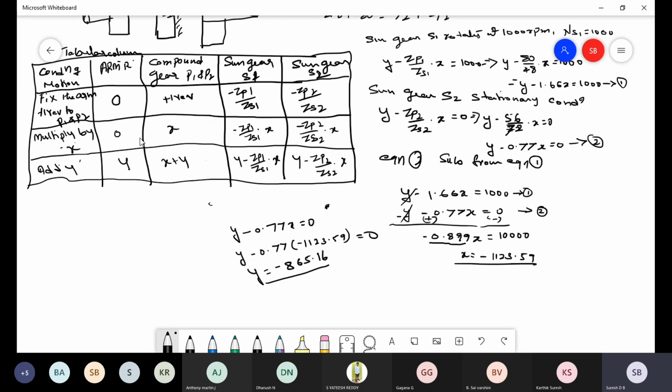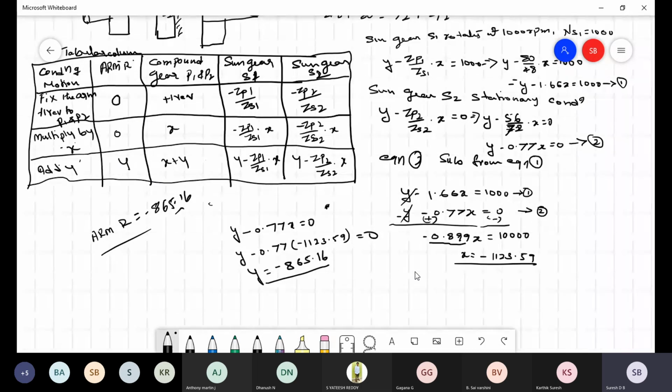It means the speed of R_M is minus 865.16, because by using the y formula only you can find the R_M speed.